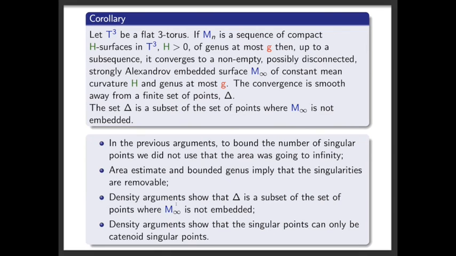And then with density arguments, you can show that delta is in fact a subset of points where M infinity is not embedded. And also density arguments show that the singular points can only be at the non-singular points.